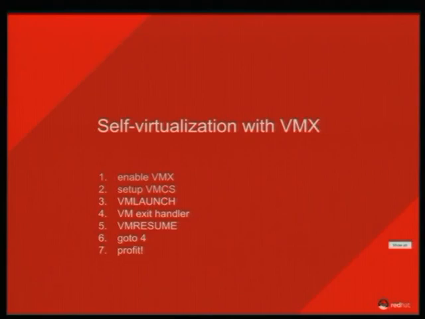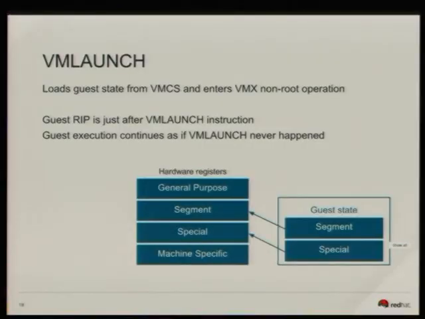Now we have done the enabling of VMX and setup of the VM control structure, so we are ready to enter the guest we have prepared. It has all the information from the hardware registers it needs to just resume operation. And VMLAUNCH is the instruction that is going to do it.